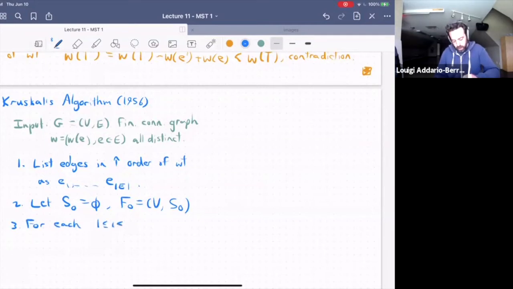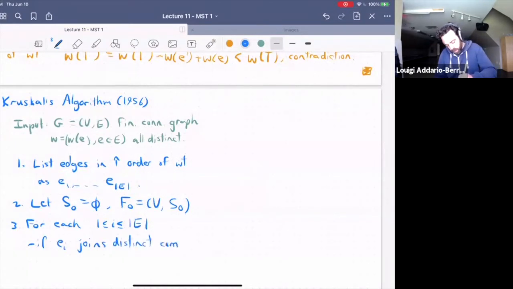For each step i from 1 up to the number of edges, if Ei joins distinct connected components of F i minus 1, then we'll add that edge: we'll set Si to be S i minus 1 union Ei.